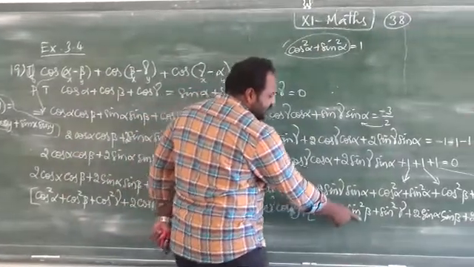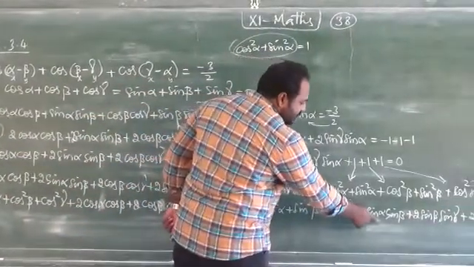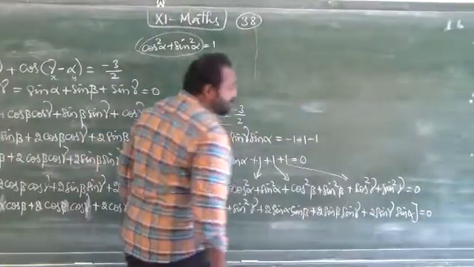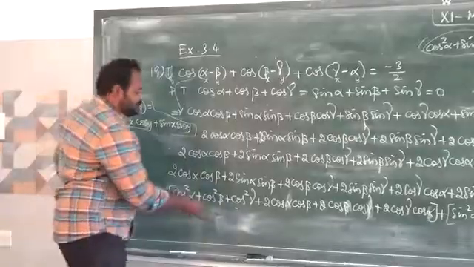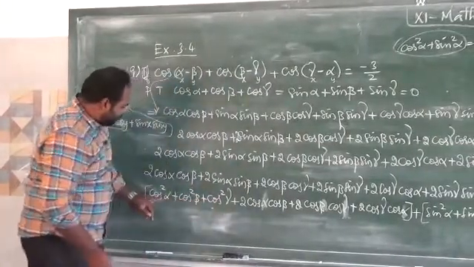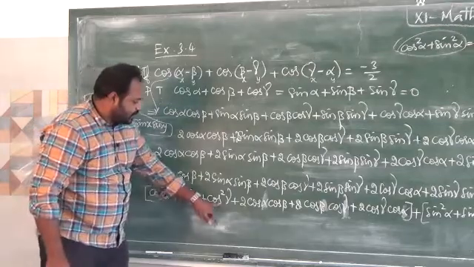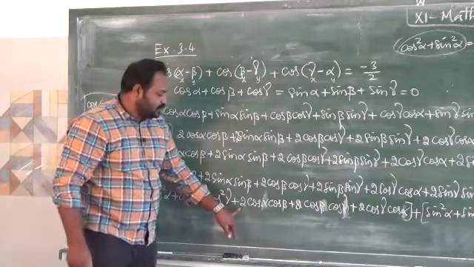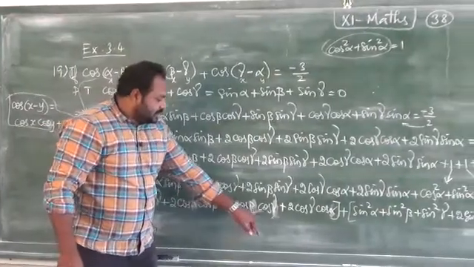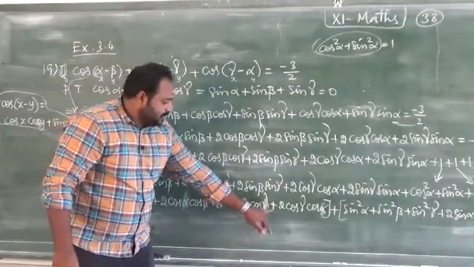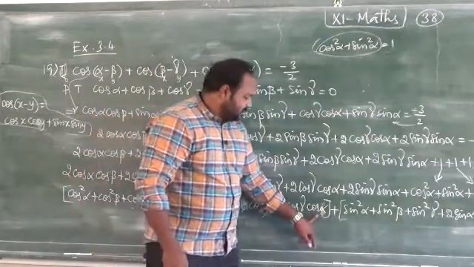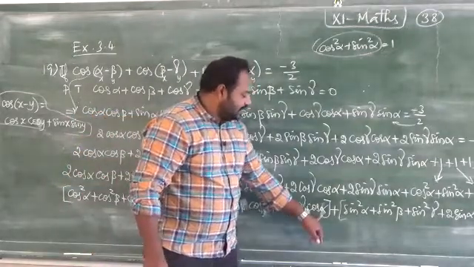Here sin square alpha, sin square beta, and 2 sin alpha sin beta, sin beta sin gamma, sin gamma sin alpha. So after this step, look at this step. Here we have cos square alpha, cos square beta, cos square gamma plus 2 into cos alpha cos beta plus 2 into cos beta cos gamma plus 2 into cos alpha cos gamma.